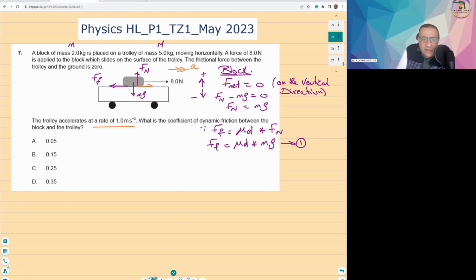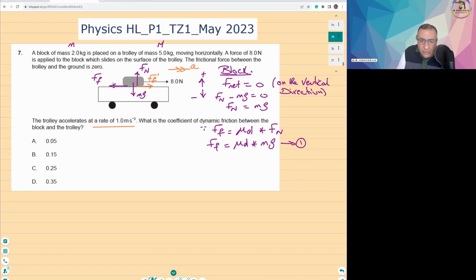Let's say this force would be in the right direction, and let me call it f sub f prime. This is the force acting on the trolley, and that actually makes the trolley accelerate to the right. And this force equals in magnitude the frictional force between the block and the trolley.